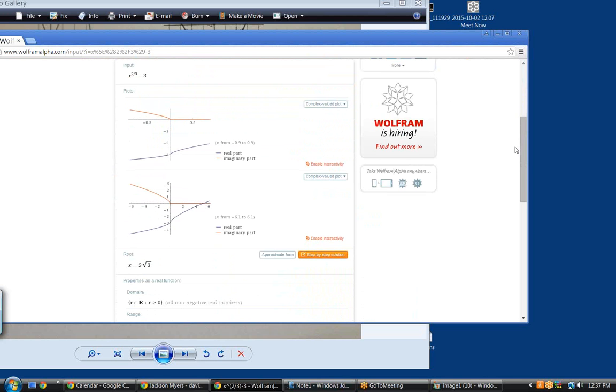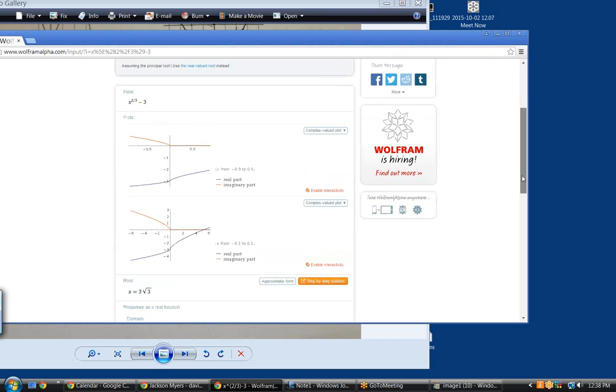Interesting. There's a complex and a real part everywhere in that domain. And the only reason we're seeing values to the left of the y-axis here is because it is plotting the real and the imaginary part.